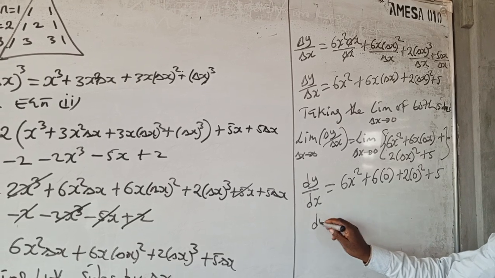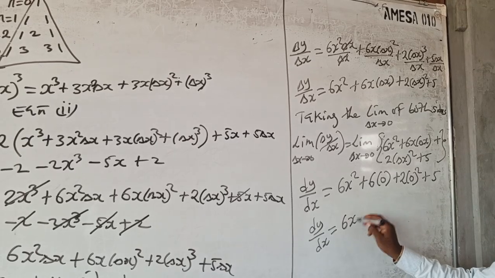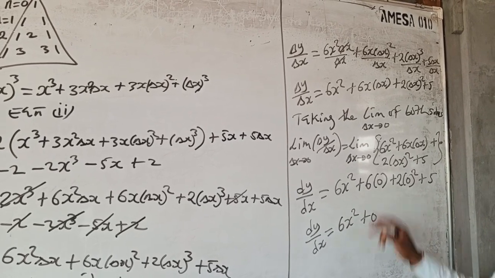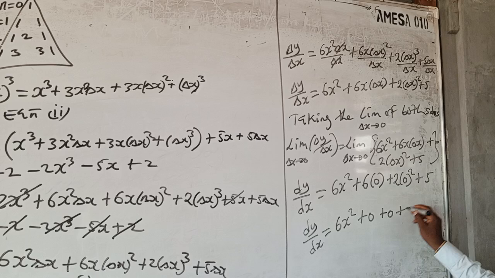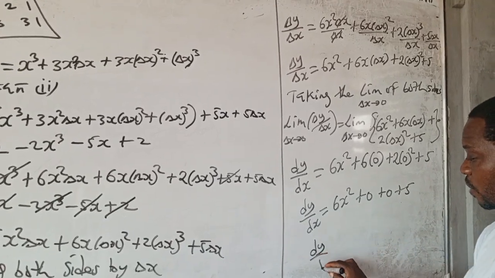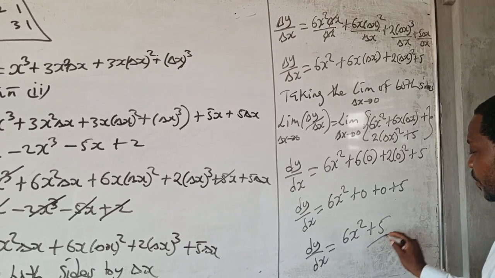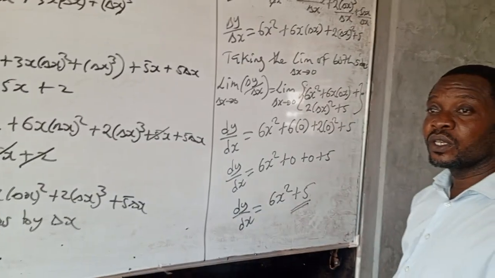We now have that dy by ds, which is that differentiation, will give you 6s squared plus 0, because 6 times 0 is 0, plus 0 plus 5. So our final answer will now be that dy by ds will give you 6s squared plus 5. And that becomes your final answer.